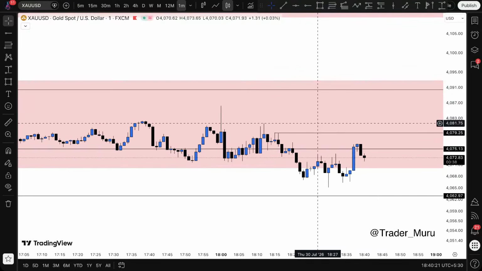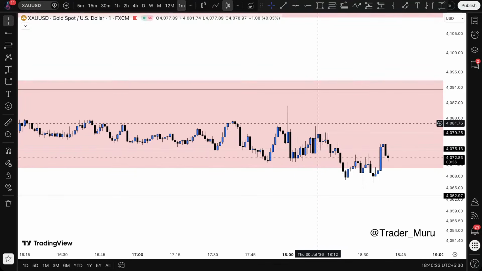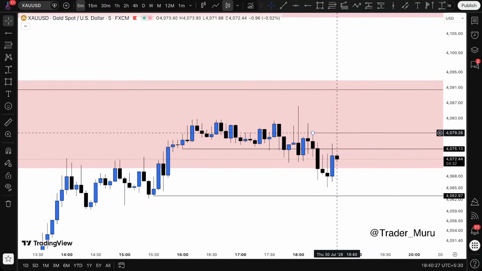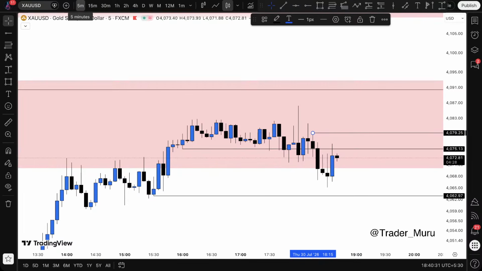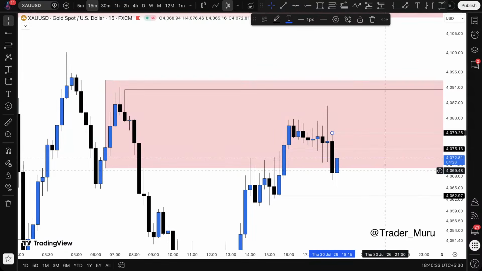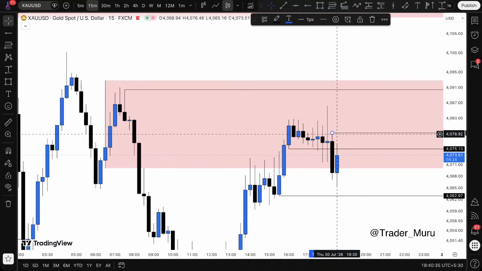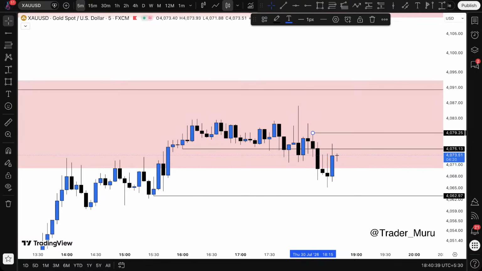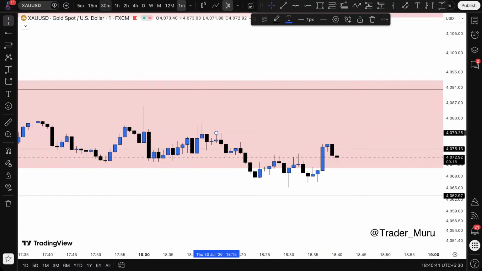The stop loss should be above 81, at least above this high. But if you want to wait, just wait for this 5 minute. Otherwise it is already bearish in 5 minute and 1 minute.